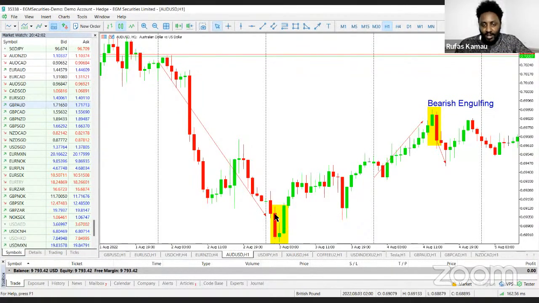The first candlestick in the pattern is bearish, indicating a downwards momentum. Then the second candlestick has a small body, and notice the small body here. It doesn't matter whether it's green, black, or red. The black would be neutral, green bullish, red bearish. It doesn't matter as long as it's a small body.